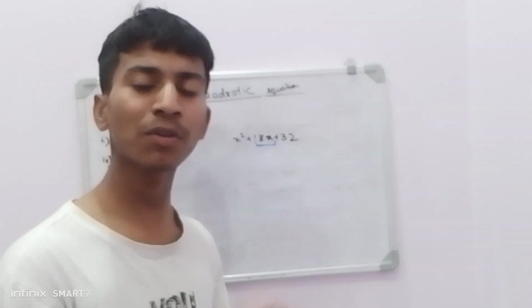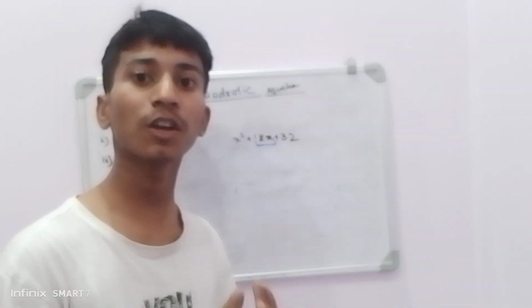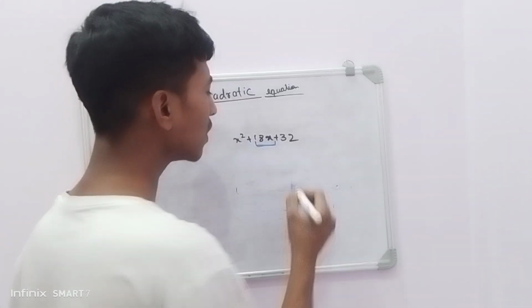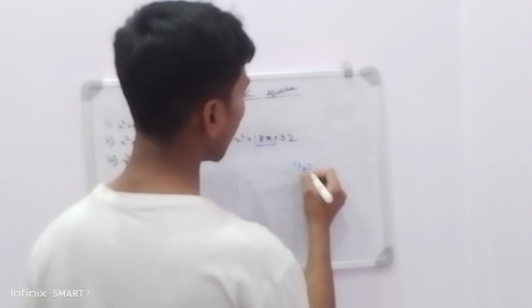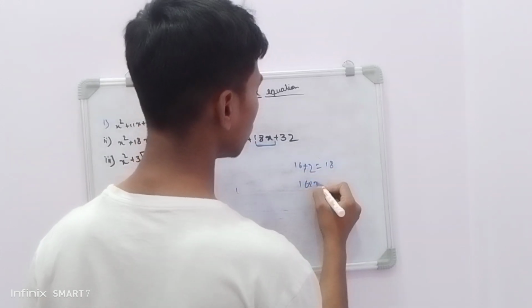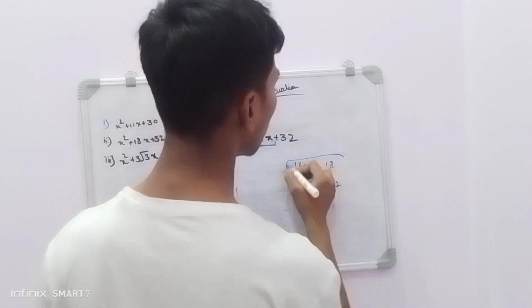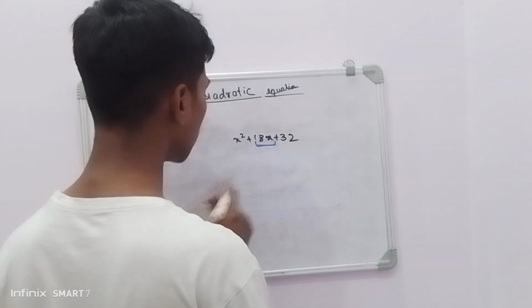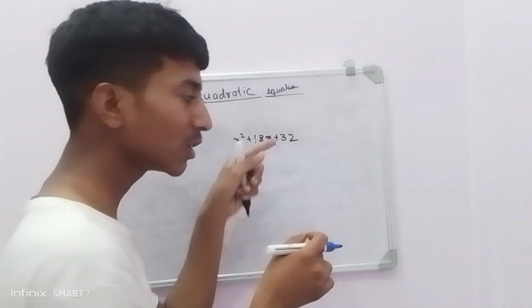You have to think on your own so that you get the numbers really required to solve this equation. You could take the two numbers 16 and 2, because the sum of these is 18 and the product of 16 and 2 is equal to 32. This is what we need to solve this question, that we get 16 and 2 as the two numbers, that is the split of the 18.